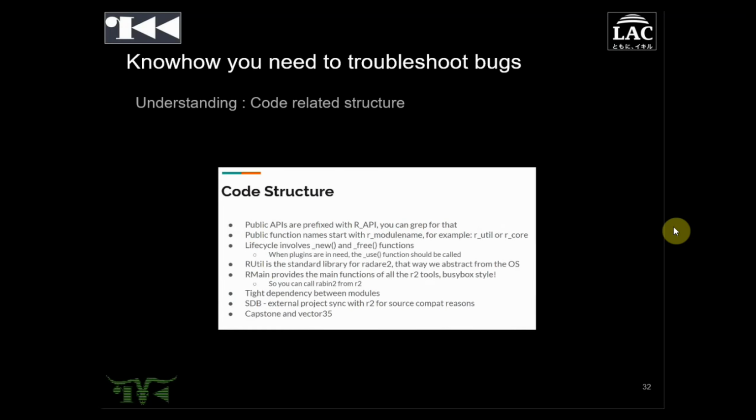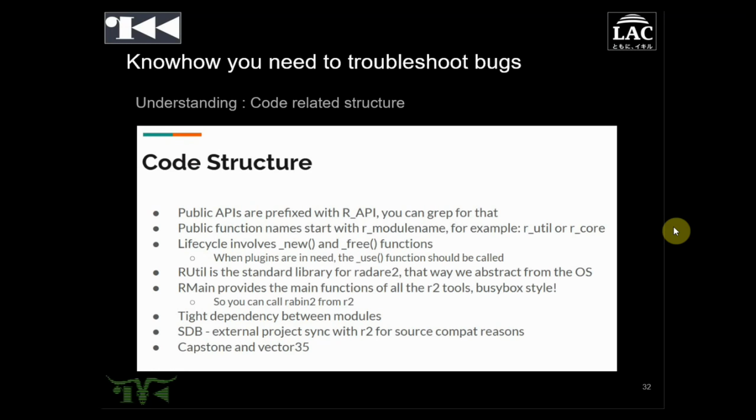And it has the code-related structure, like defining that public APIs are prefixed with something, and public function names should start with some kind of naming like r_ something, and so on. You can see it in the code structure slide or here later on.